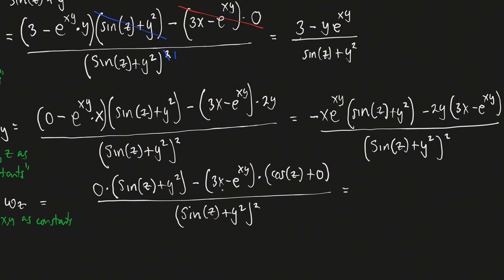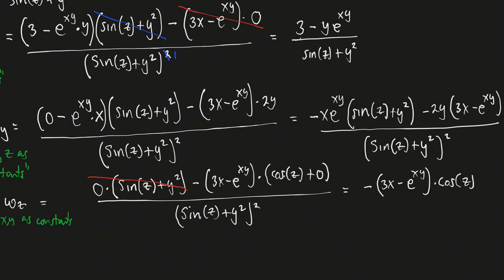Right, and let's see, yep, so now this goes, but unlike our first partial with respect to x, we don't have another factor of the sine of z plus y squared. So basically what we have, and I'll keep things factored, is the negative of the quantity 3x minus e to the xy, and then times the cosine of z.